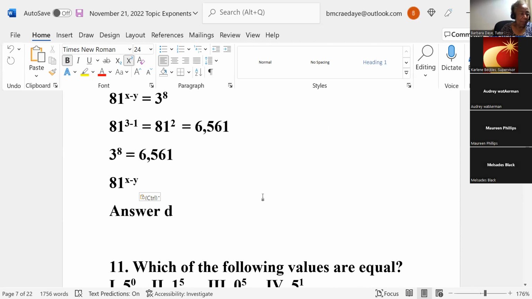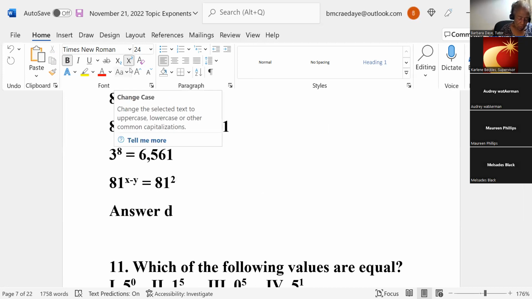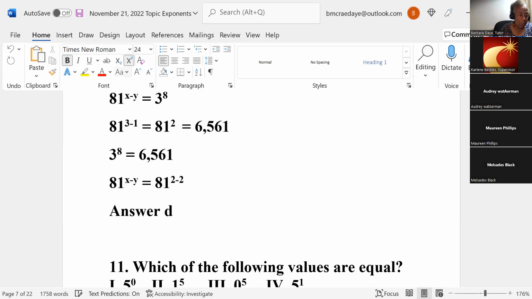Now let me just substitute in the 2's here. Let me show you how you can eliminate the 2's. This is equal to 81. Now let's put X is 2 and Y is 2. So that would be 2 minus 2. What is that equal to, Mercedes? 0.